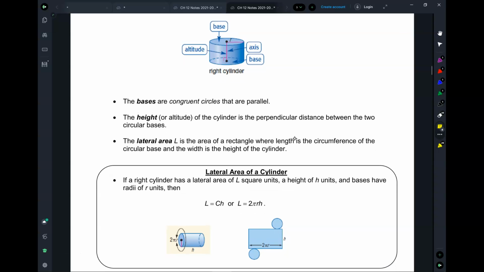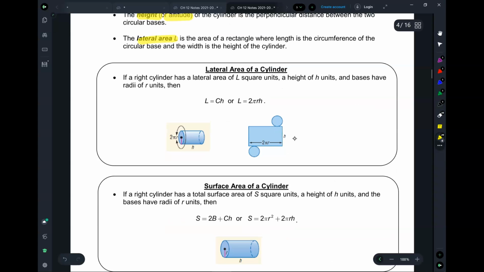So if you look up here, again, you've got a base and a base. You've got the height or the altitude. It's the distance between the two bases. And we just talked about lateral area. So here is another picture of how it looks. If this cylinder is unraveled, then you've got two circular bases and then a rectangle.